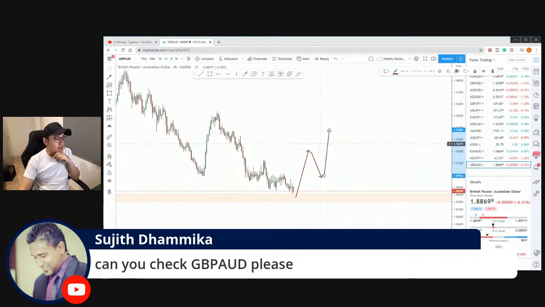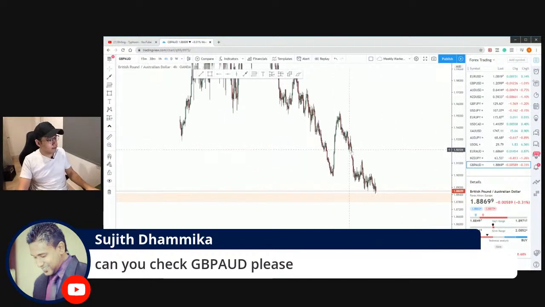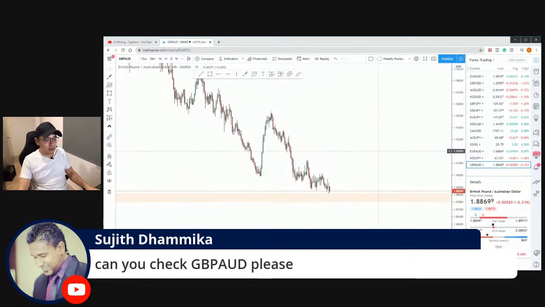When a new high is formed or the previous high is broken, we know that an uptrend is possibly confirmed, and we only enter after the retracement. This is a fundamental thing about lower low and lower high. But for this pound Aussie pair, I'll be looking for a sell setup on the lower time frame chart.